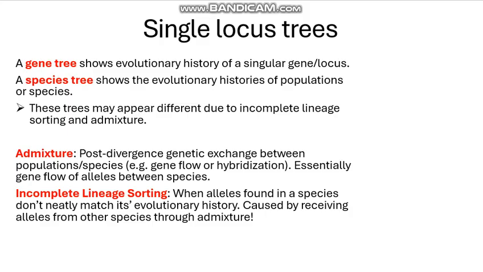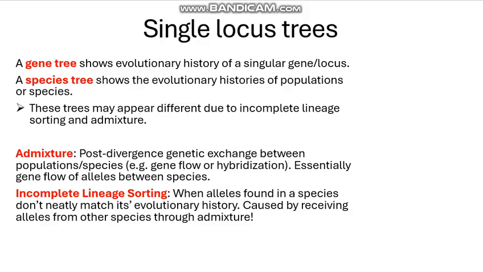Essentially, admixture is talking about gene flow of alleles between species, whereas incomplete lineage sorting is when alleles found in a species don't neatly match its evolutionary history, and this is caused by receiving alleles from other species through admixture. So admixture is the process by which these alleles are being transferred between species through hybridization events or just regular gene flow.